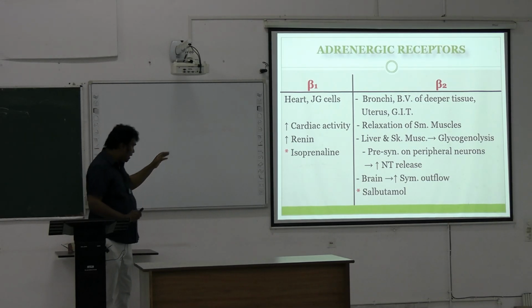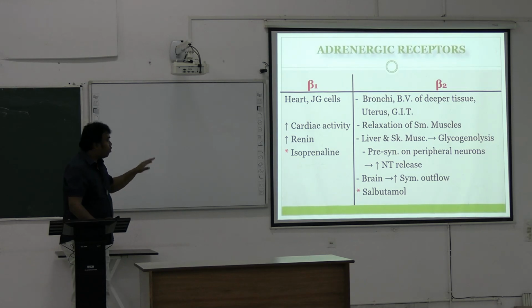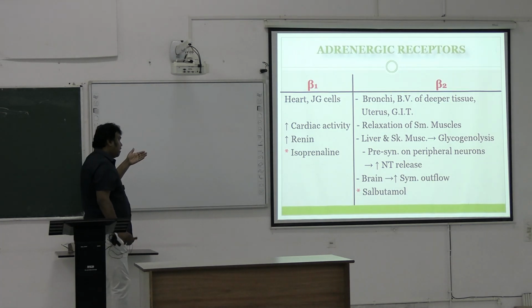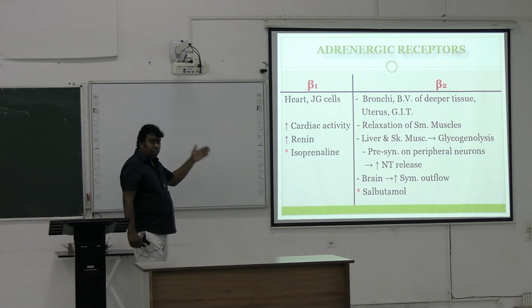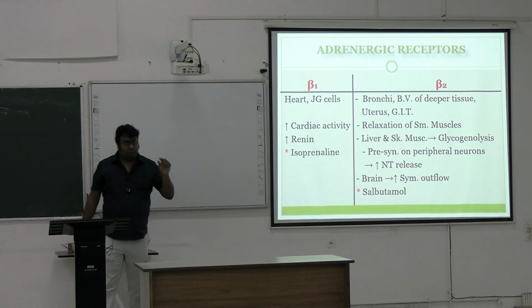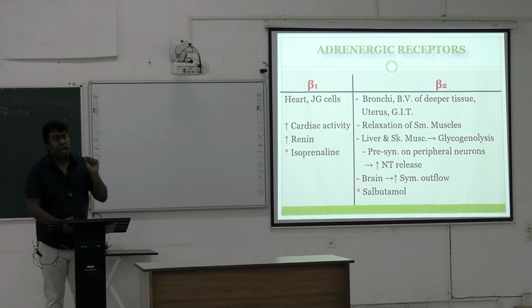Clear? In the liver and skeletal muscle, they lead to glycogenolysis. There is an increased glucose level in the blood, and also increased neurotransmitter release as well as increased sympathetic outflow. One of the beta 2 agonists is salbutamol.